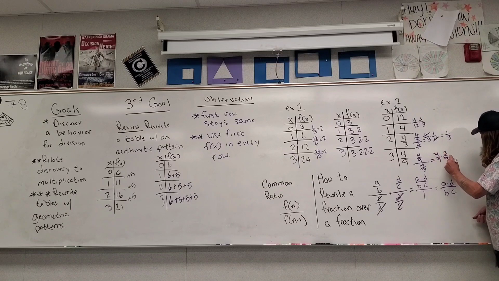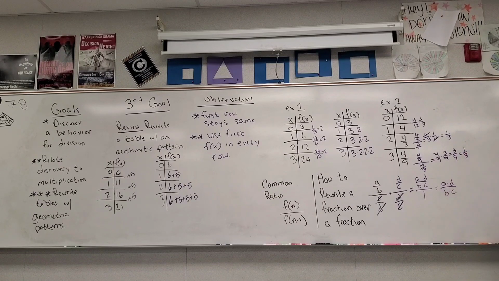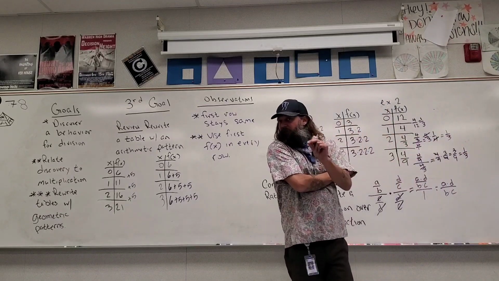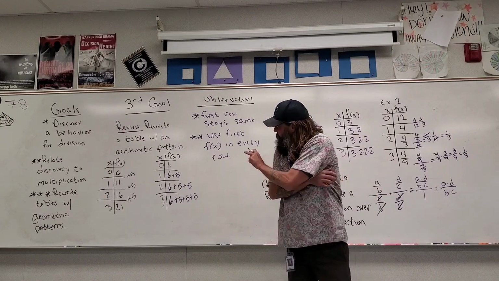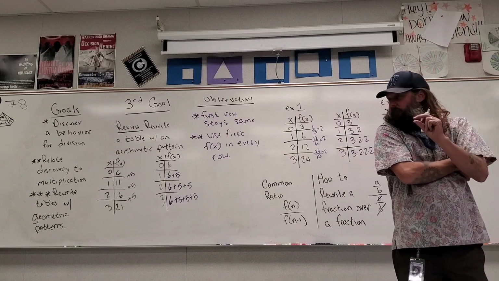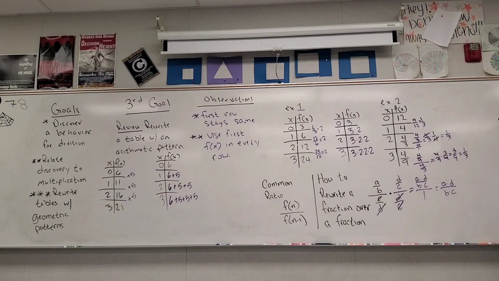The 4's will cancel, and I'm left with 3 over 9, which reduces down to 1/3. So I do have a common ratio. My common ratio is 1/3, and that's a number between 0 and 1. When I multiply by a number between 0 and 1, I'm making a smaller number. That was the point of the first two goals. When you multiply by a number between 0 and 1, you get a smaller result. The values are decreasing, they're getting smaller and smaller.